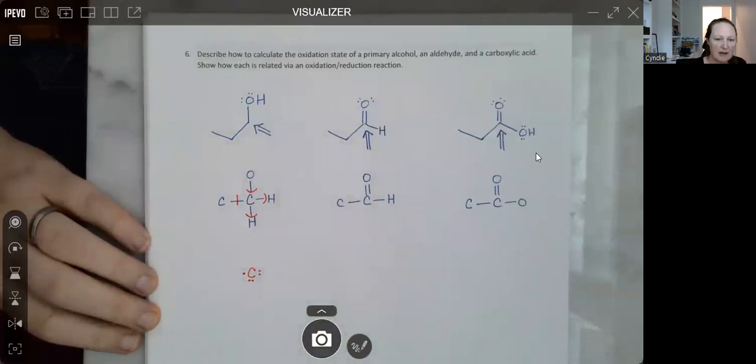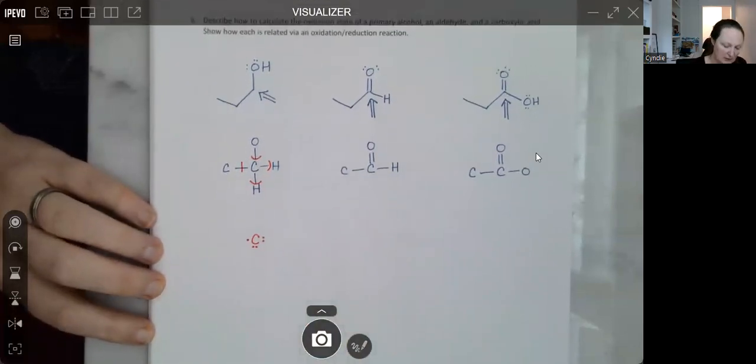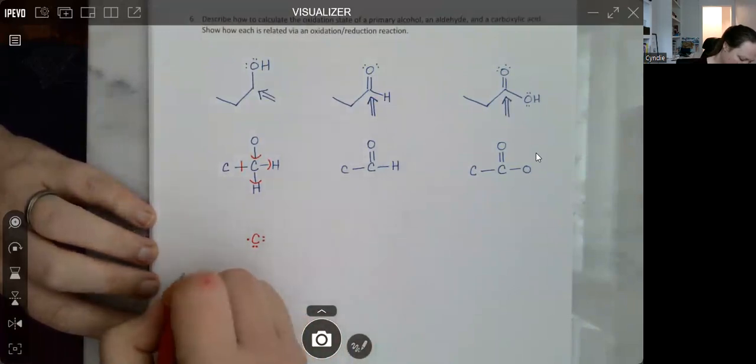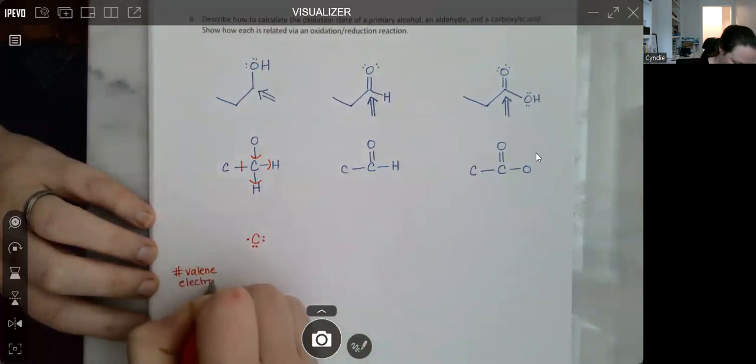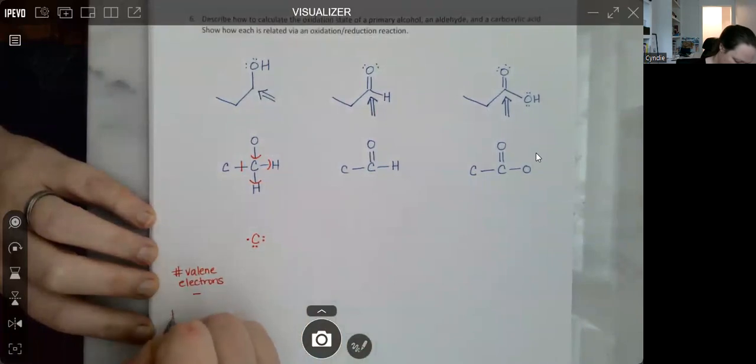So if we do a calculation, we would do the number of valence electrons minus, right, the number of what we call assigned electrons.